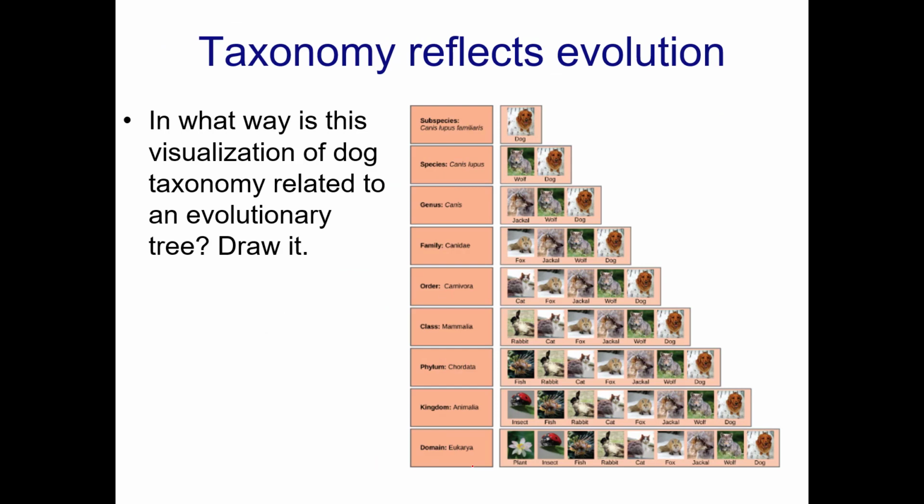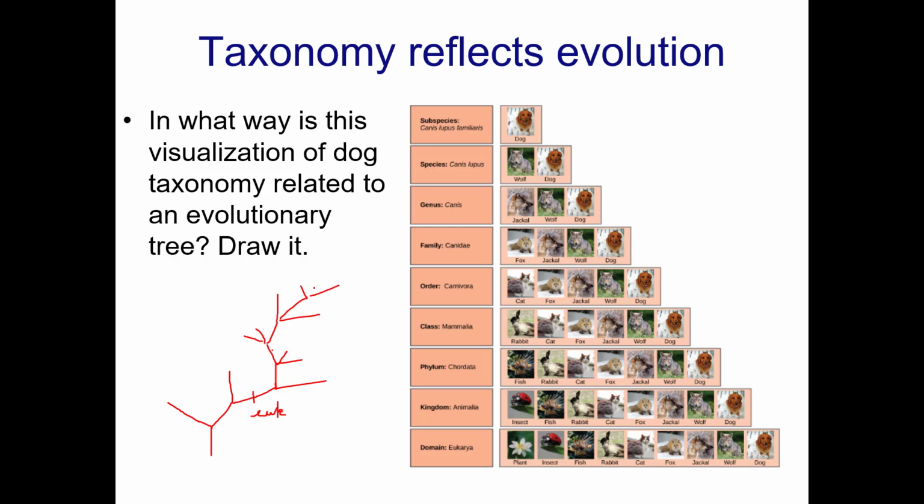All right. So if you had the root of all life, then there's a split, and then there's another split. And this would be eukaryotes here, maybe. Eukaryotes. And then that splits, and you have animals. And then that splits, probably many times, and you have chordates, and then mammals, and then carnivores.